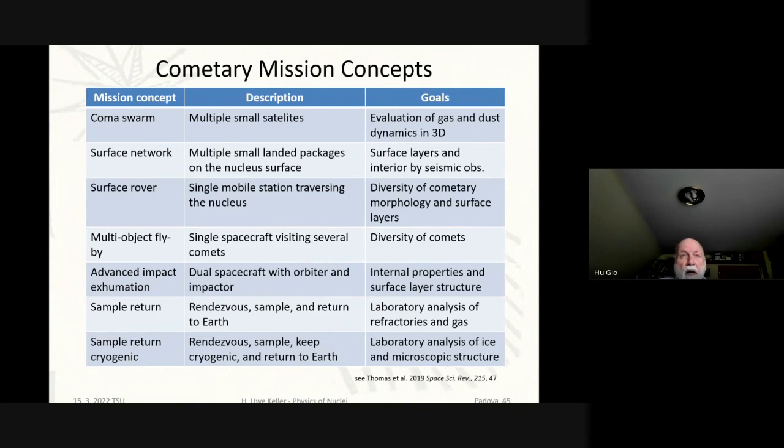And if you now have kilograms of material, you could determine the age of the material, which is a very important figure to know.